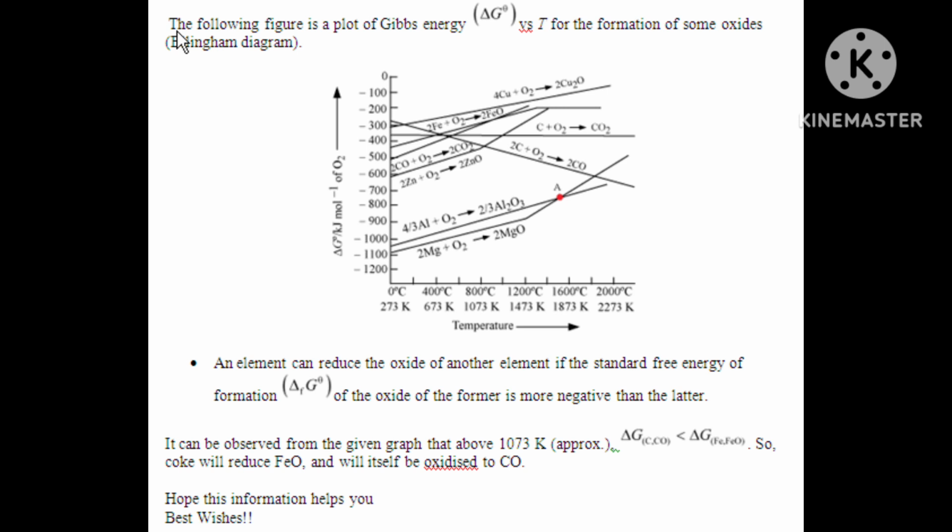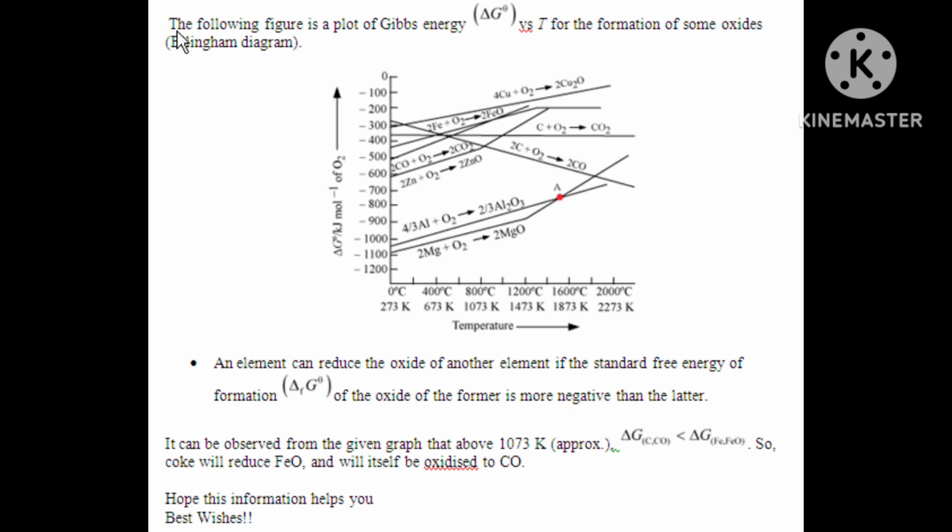The entropy change of the reduction process is more on the positive side when the metal formed is in liquid state and the metal oxide being reduced is in solid state, because in solid state entropy is less, in liquid state entropy is more.